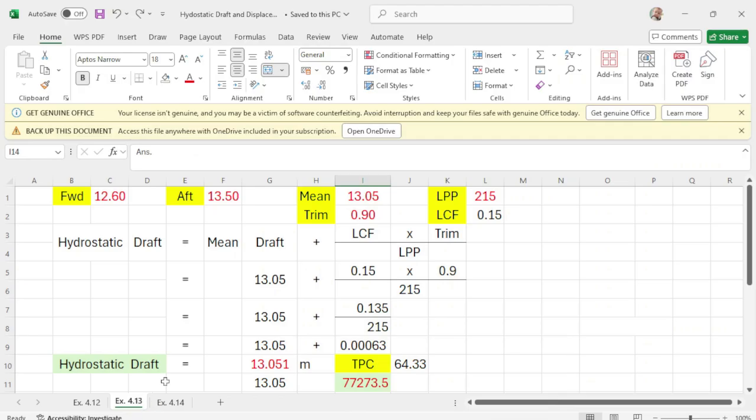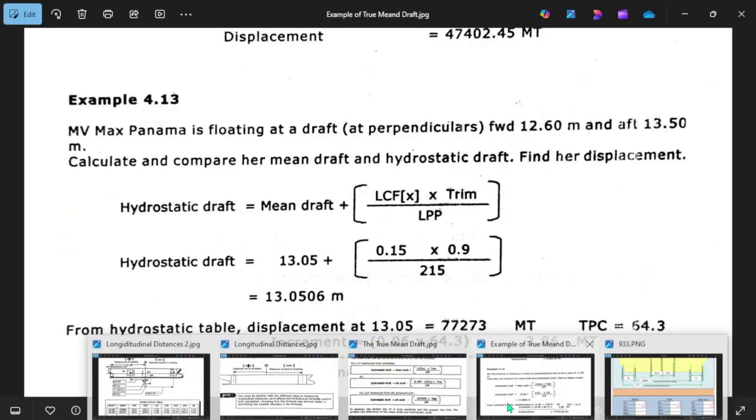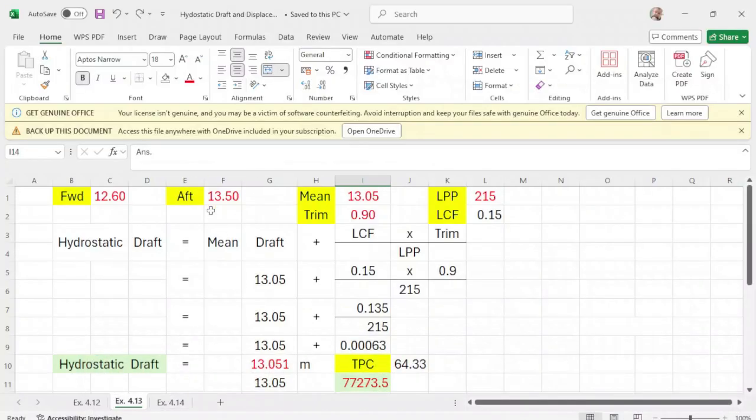So we go from this. Forward drop is 12.6, correct. Up drop is 13.5.